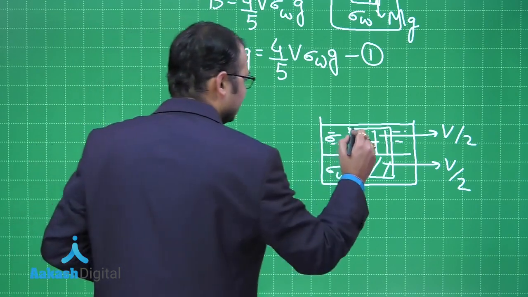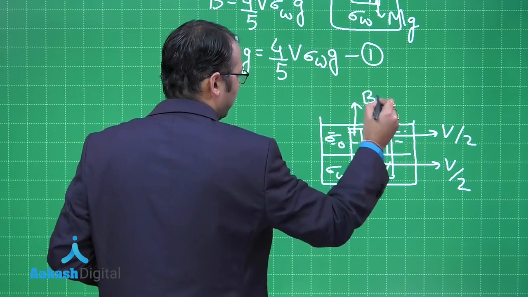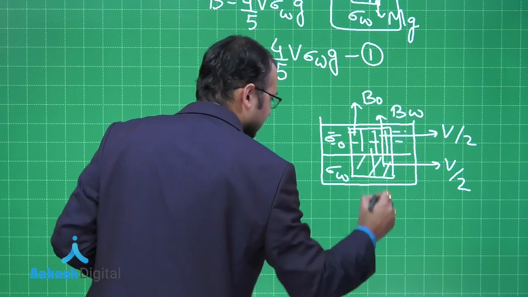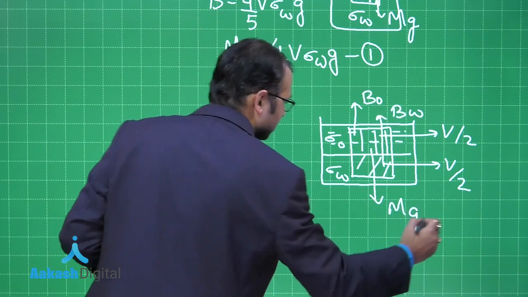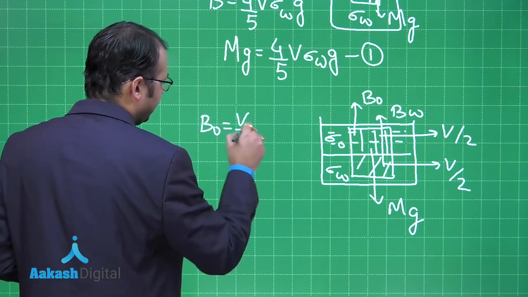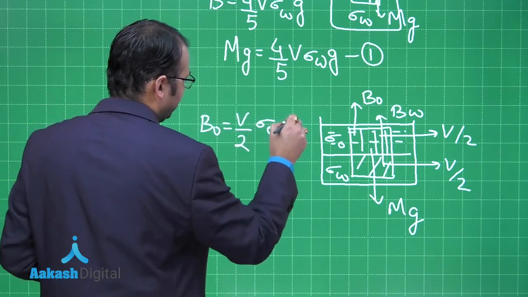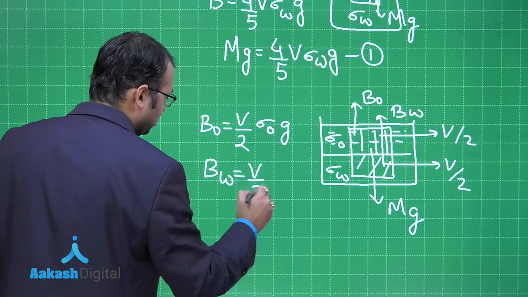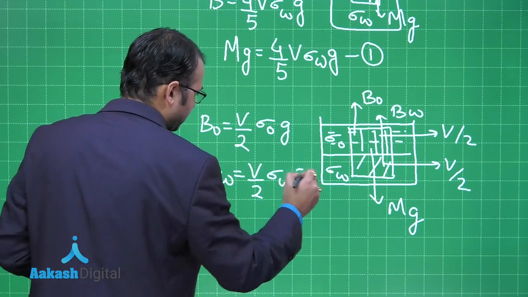Now in that case there are two buoyant forces, one due to oil and one due to water. They are balancing the weight downwards. So you will write here B_O will be equal to V/2 sigma O into g, and buoyant force of water would be V/2 sigma W into g.